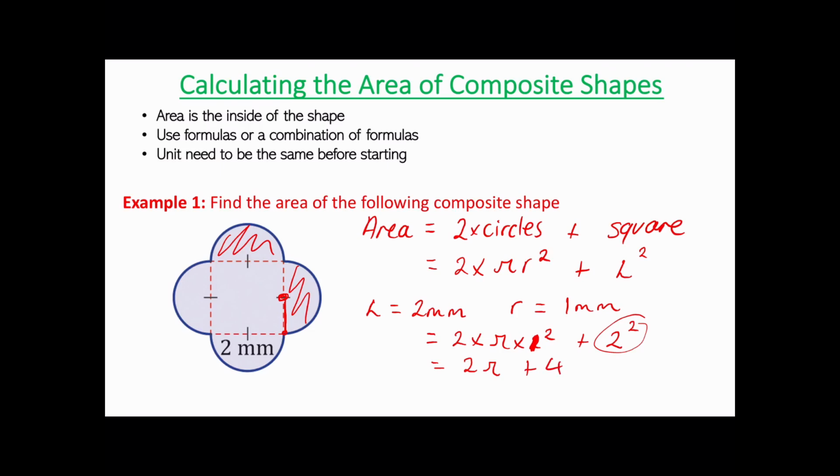Now, if you were asked to leave this answer in exact form or surd form, you would leave it like this, because pi is an irrational number. If we were asked to find the area of this shape correct to 2 decimal places, then we would evaluate that on our calculator, and it would be approximately 10.28, and we need to include our units, millimeters squared, because it's area.